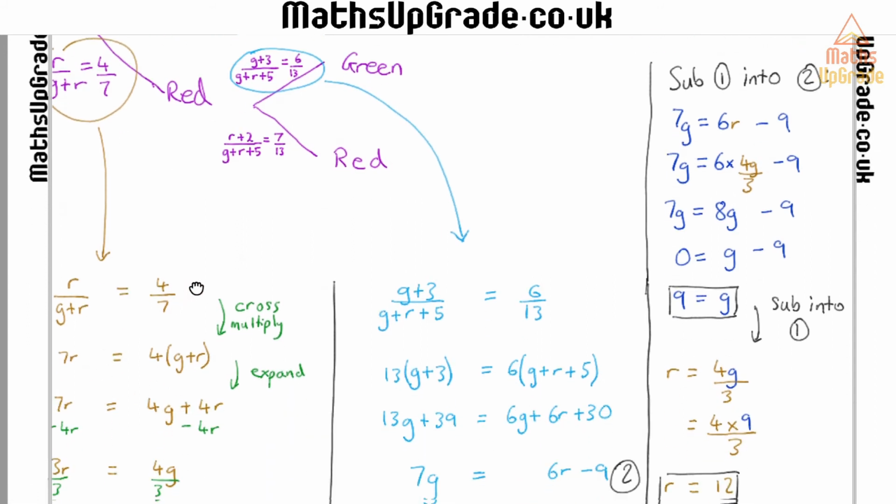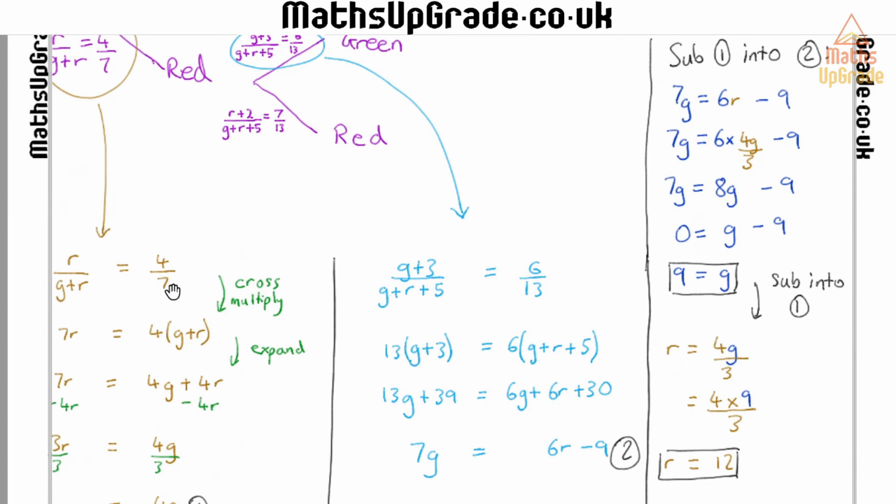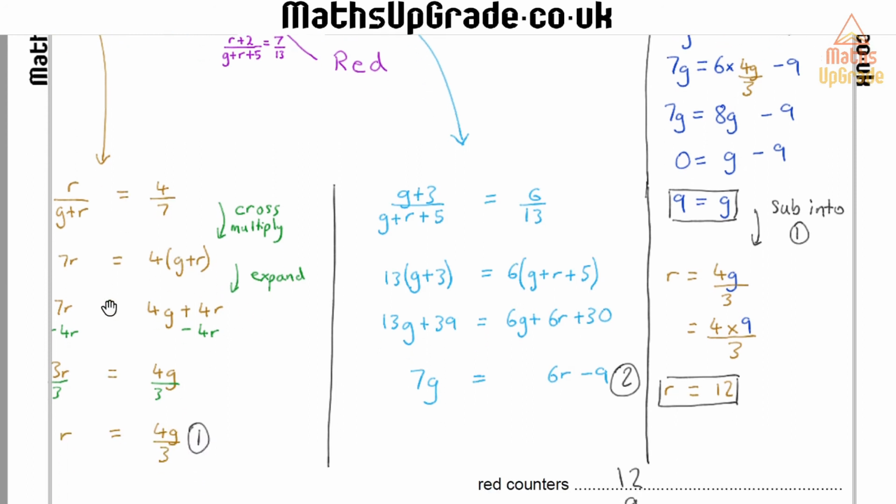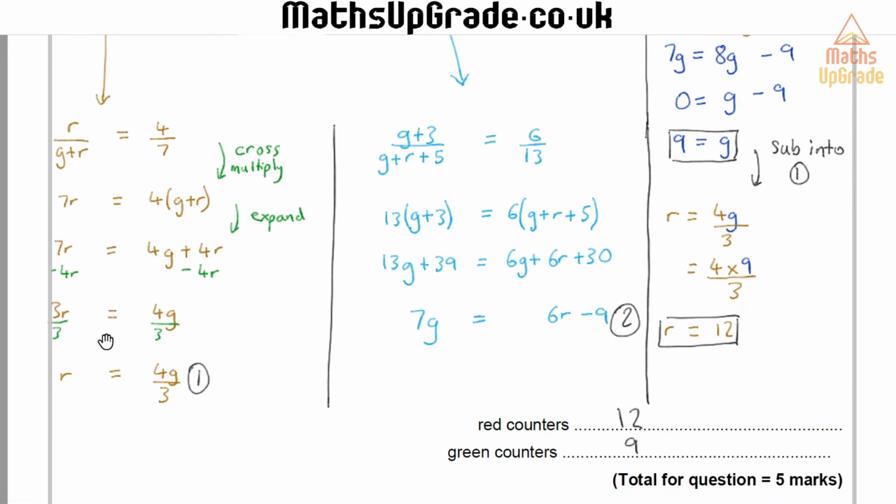I'm just going to cross multiply, so I'm going to multiply both sides of this equation by 7 and by G plus R. That gives me 7R equals 4 brackets G plus R. I'm going to expand the brackets and subtract 4R from both sides, and then I'm going to divide by 3 to give me R equals 4G divided by 3.